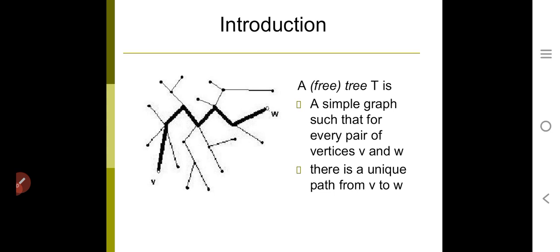For example, in the diagram, we take two vertices V and W. The pair V and W has a separate path in the tree, and this path is a connection between the vertices V and W. This is the example for a tree.